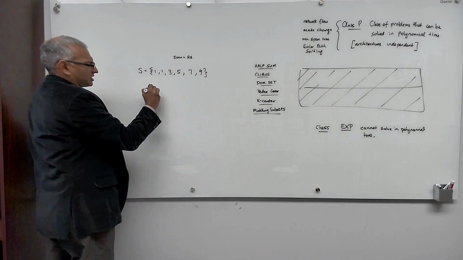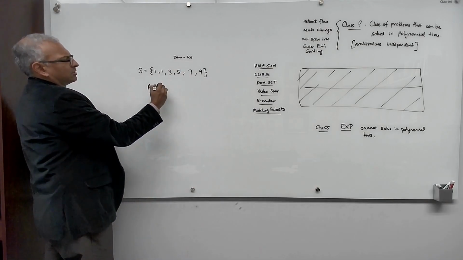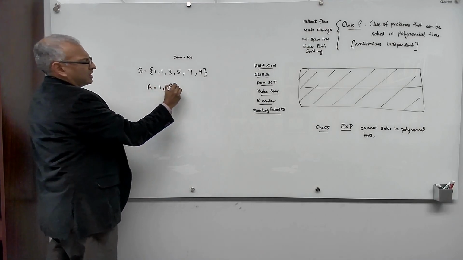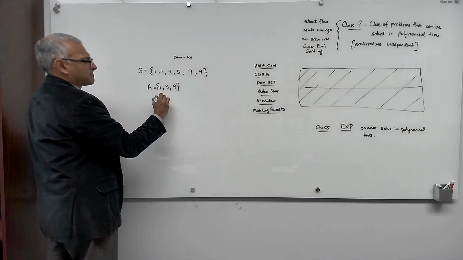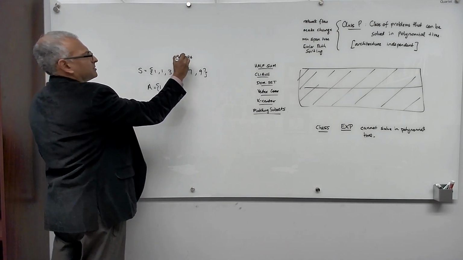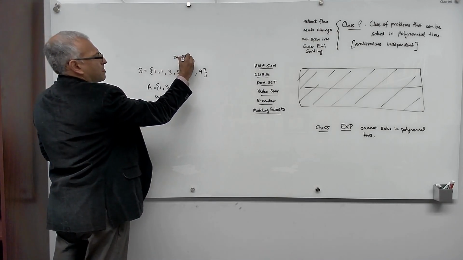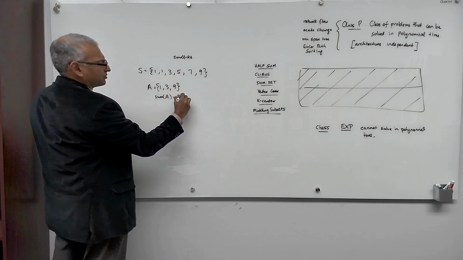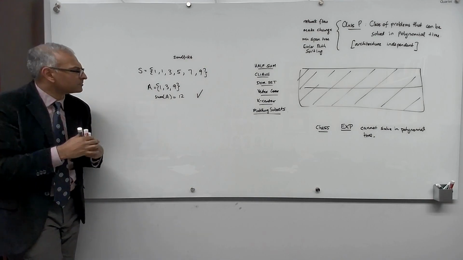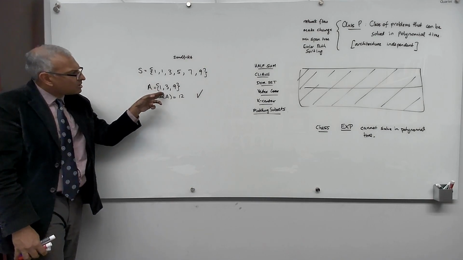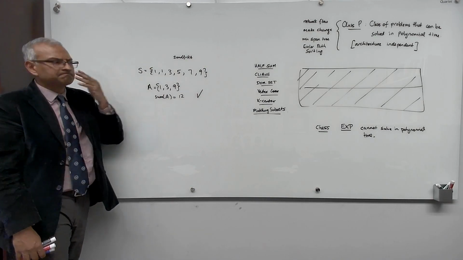If I take the subset A equal to 1, 3, 9, that's a subset, and the sum of A is 13, which is half the sum of S. So half sum in this instance of the problem is true.